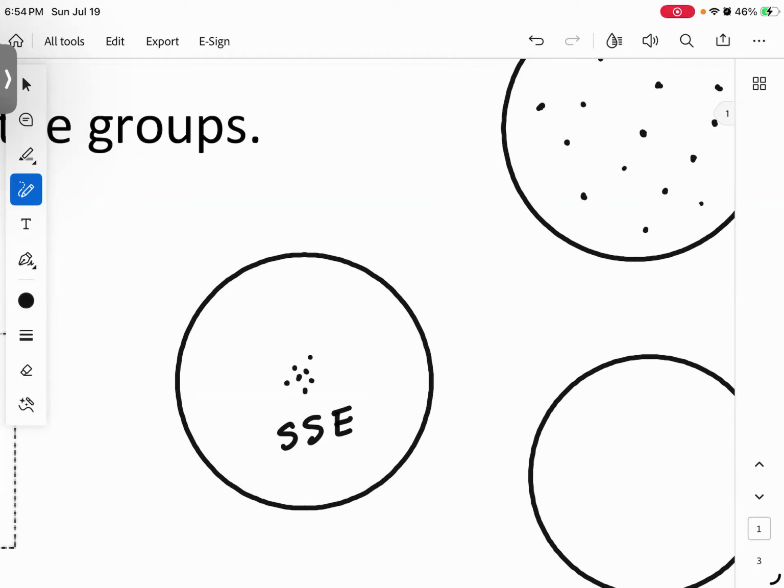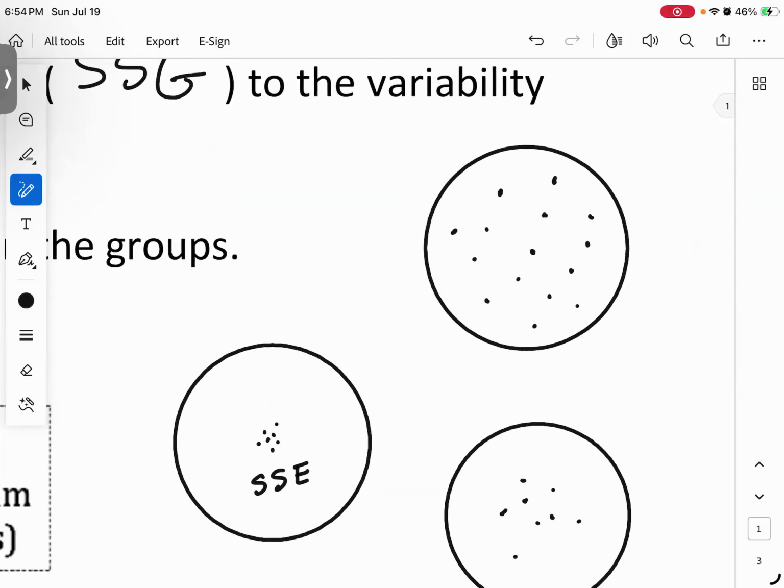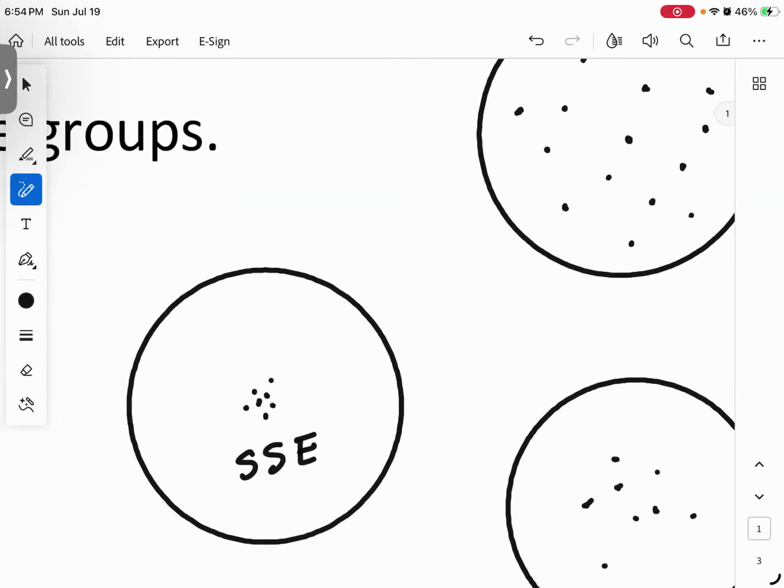That is a group that's going to be a lot easier to identify who belongs to that group because they're so close together. They have a very small sum of squares for the errors. Now, let's say this other group is just so-so. They've got some stuff that's together, but it's these two up here, especially this guy, that is going to give us the best opportunity to say that one of these groups is not like the other groups.